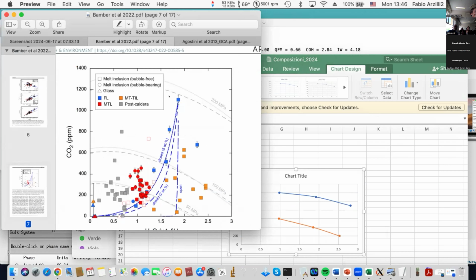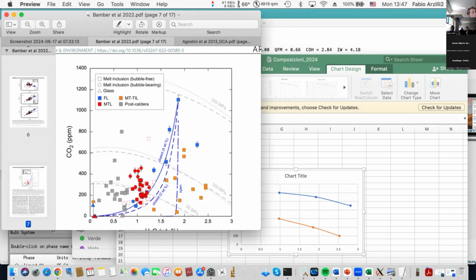You can follow a decompression path of the system, for instance. The Masaya Triple Layer instead was just clustered between 50 and 100 megapascal. So it means that probably the eruptive conditions of Masaya Triple Layer were at a maximum of around 50 megapascal. This is what I mean: you can constrain your eruptive conditions based on water and CO2 solubility.